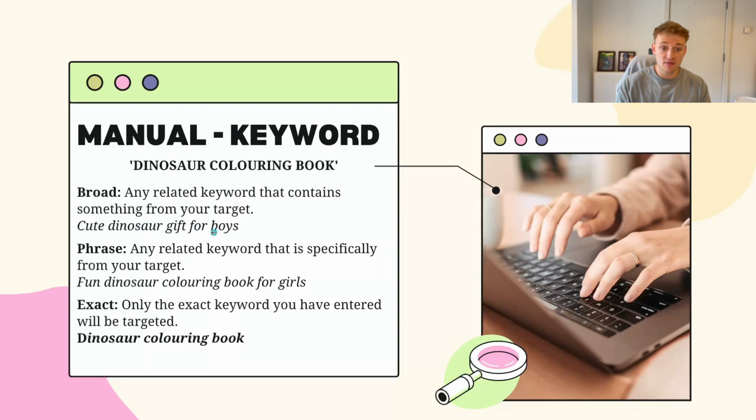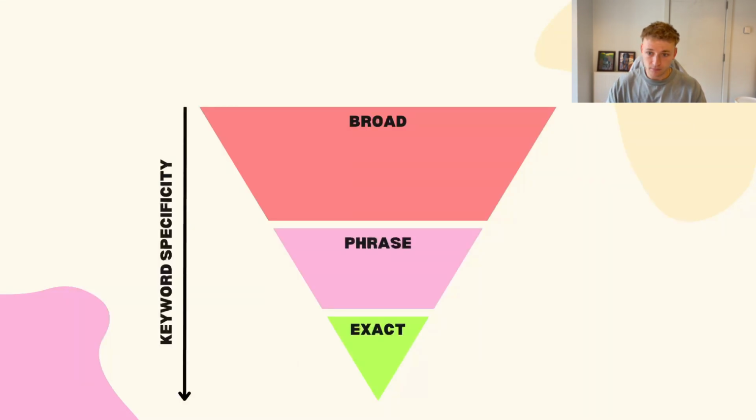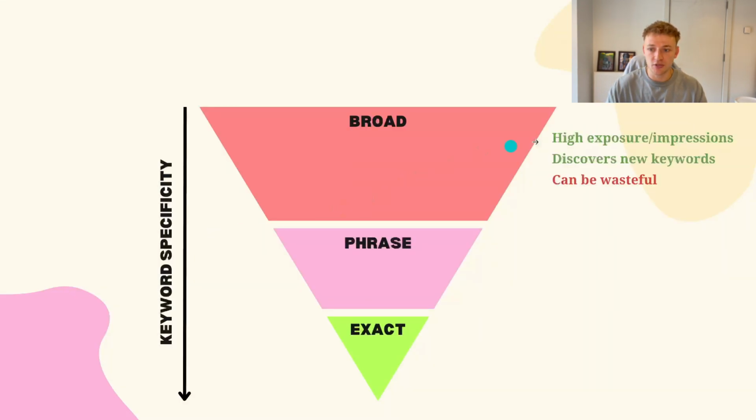This is not something you were specifically targeting initially, but it's actually found something brand new for you. So you are going to get much higher exposure and discover new keywords too. But similarly, like I mentioned about auto ads, it can be wasteful because you can potentially end up targeting keywords that aren't really related to your book, and people are going to be clicking it. You're going to be spending on those clicks, and it's probably not as specific as you'd want it to be.